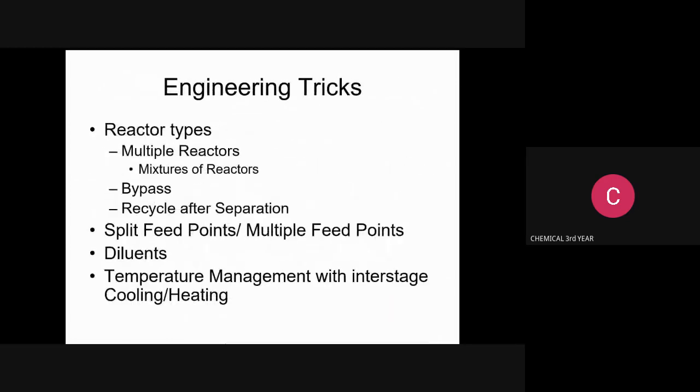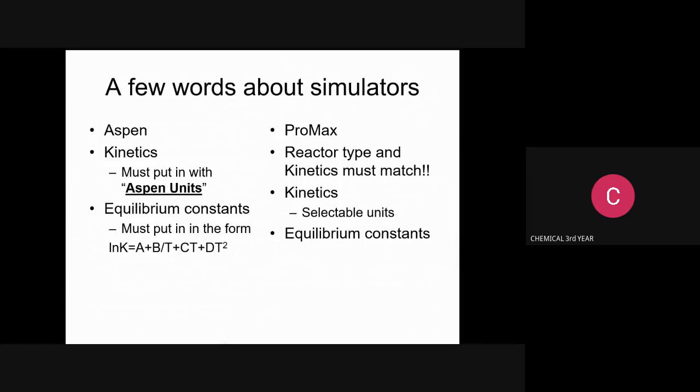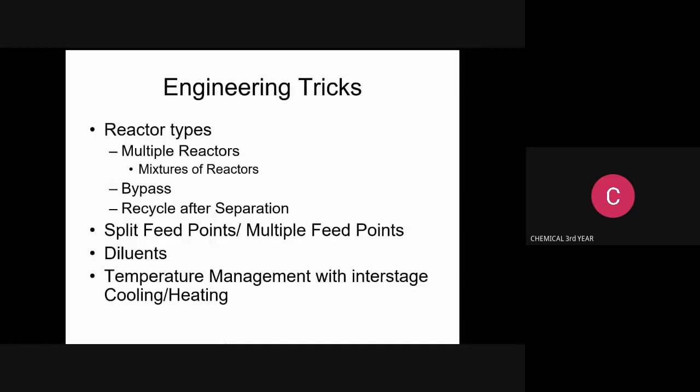In the video lecture, I have to tell what are the basic engineering tricks in reactor design. There are four major points I have to discuss in the topic of reactor design. The first one is what type of reactor we use, and the second one is the feed point.